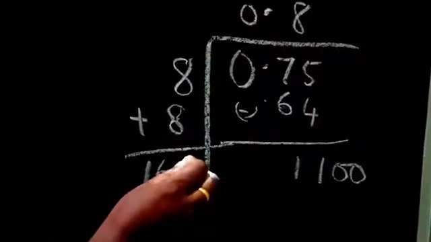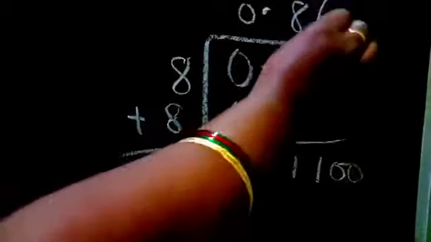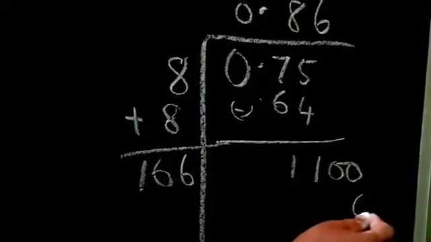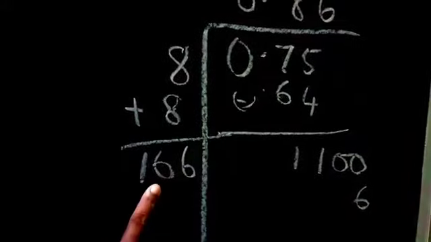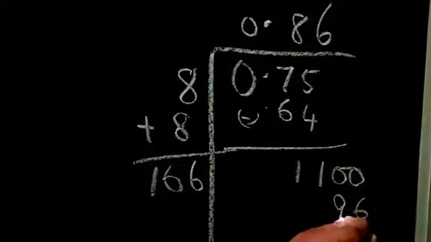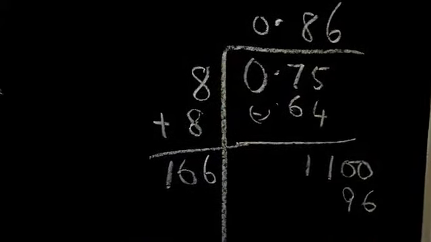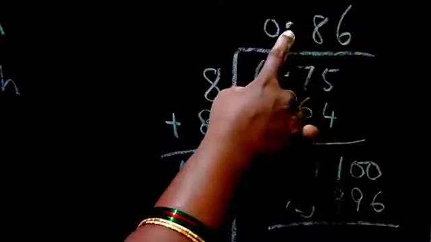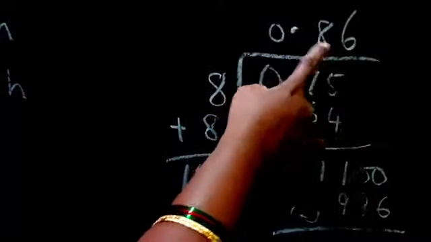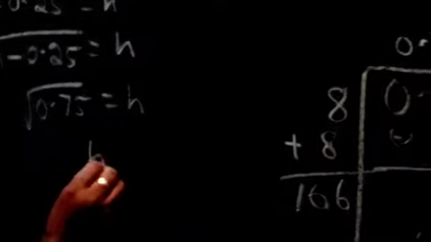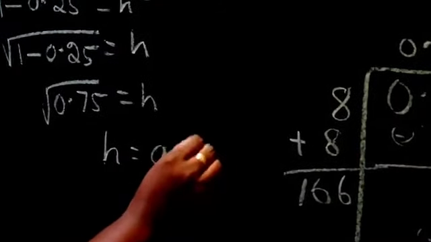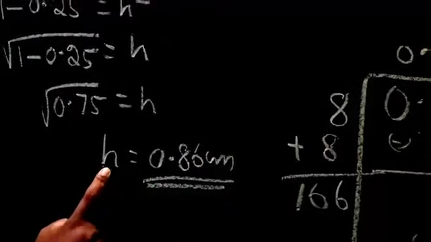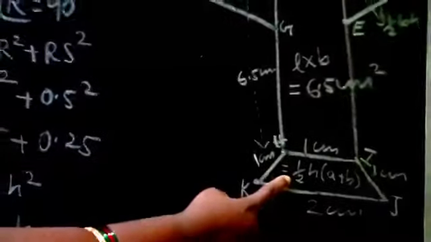Then we'll write here 6, 6 times it will come. So 166 into 6. 6 6s are 36. Remaining 3. Again 6 6s are 36 plus 3 is 39. Again 6 1s are 6. 6 plus 3 is 9. So now remaining no need to write here because after the decimal we have 2 numbers. It is enough here. So the H value is 0.86 centimeter.